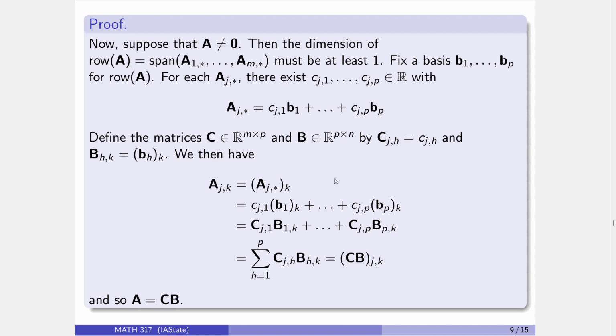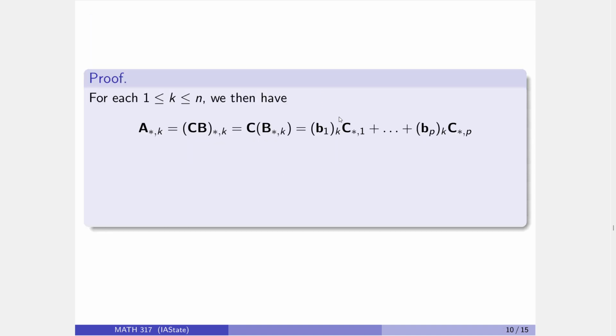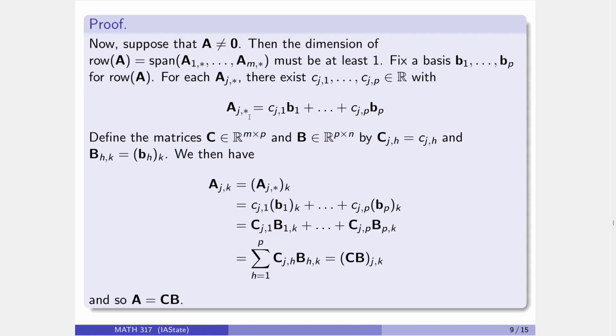Alright, well, right now, this is a lot of just, yeah, you can do this. How does this help us? Well, everything is chosen very carefully, because now, if I look at the kth column of A, so note here we did the row of A to get this linear combo.